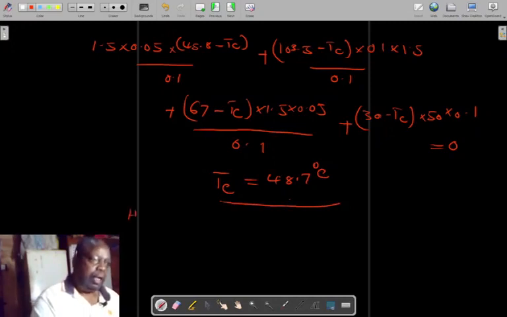Now you can go ahead and calculate the heat flow by convection.